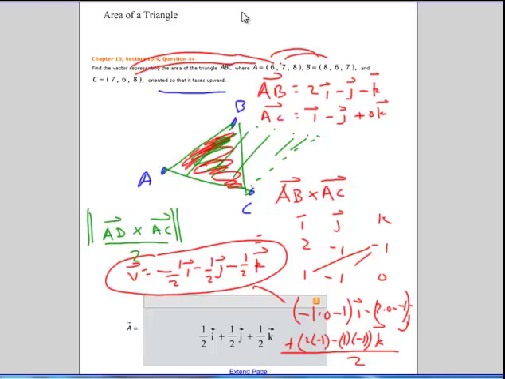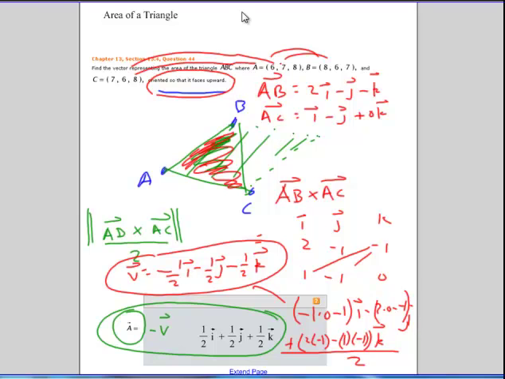The only thing is that it wants it facing upward, and since these are all negative coefficients, that's facing downward. So our area vector will equal 1/2 I plus 1/2 j plus 1/2 k. We're just finding the negative. This is just negative v.